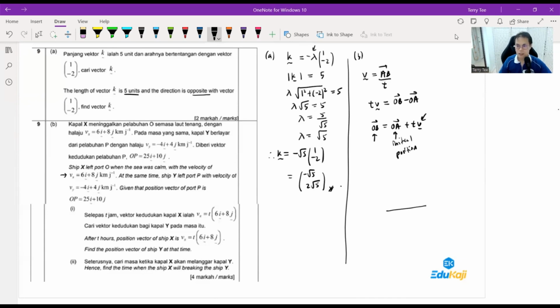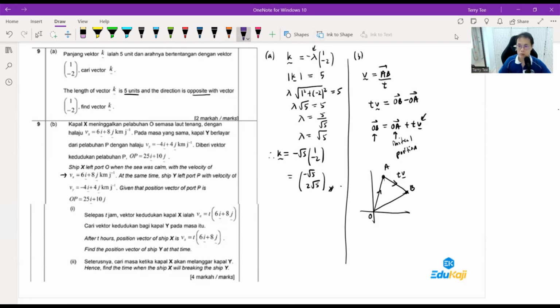For example, let's say this is point A, this is point B, right? So let's say OB is the position of the boat or the position of the ship. So we initially go from O to A, then we go from A to B. Now AB is T times the velocity.